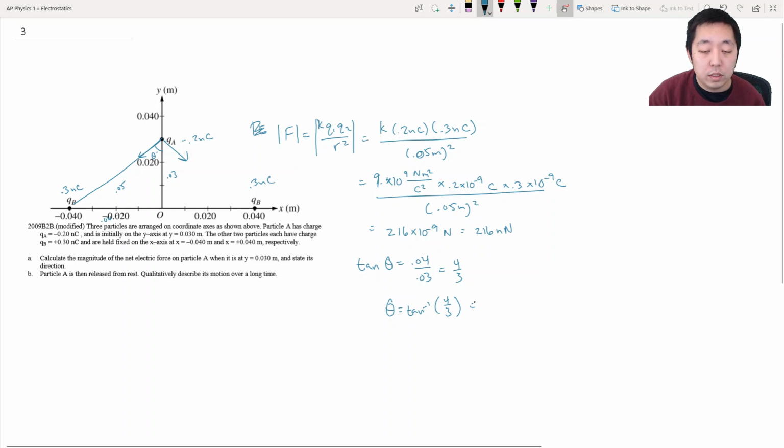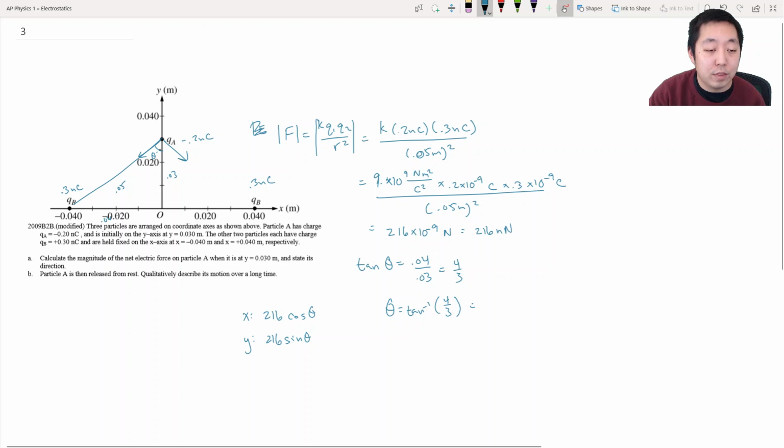And then you can do that in the calculator. Actually, I have a little more elegant way to do it without a calculator. The x component of this force would be this magnitude times cosine of theta. So the x component of the force is 216 cosine theta, and the y component of the force is 216 sine theta.